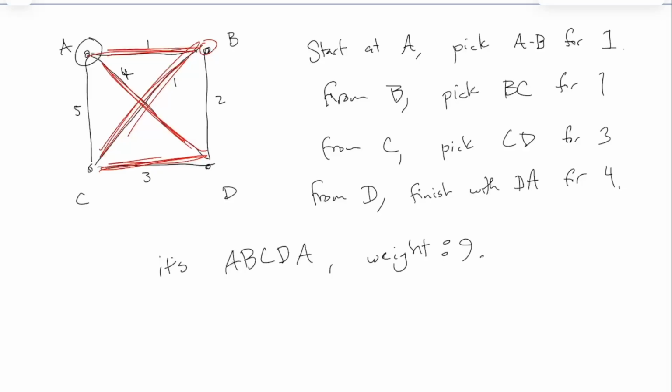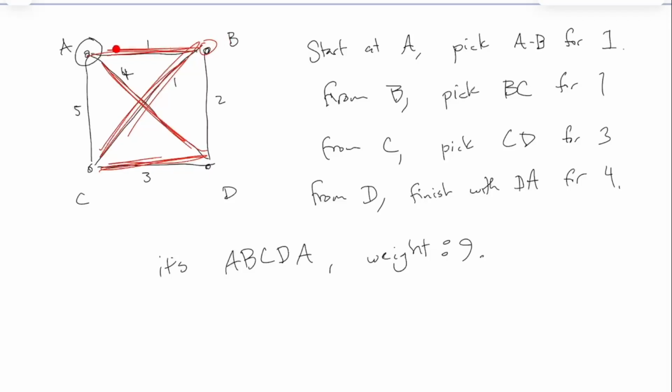All right, and this is my answer for finding the Hamilton circuit starting at A using the nearest neighbor. It's called the nearest neighbor because when you start at A, if you think of these 3 choices, 1, 4, and 5, as distances, you pick the nearest, which is the 1.